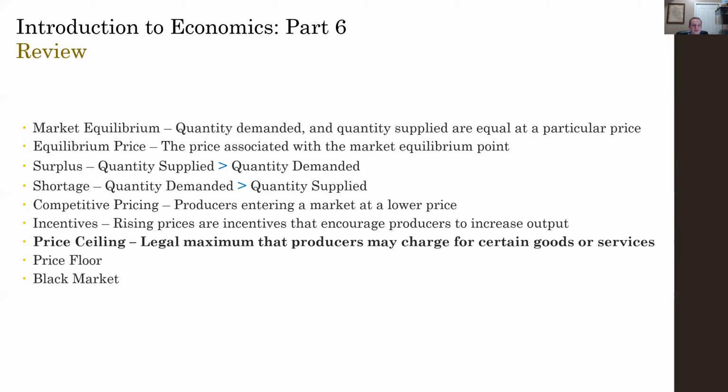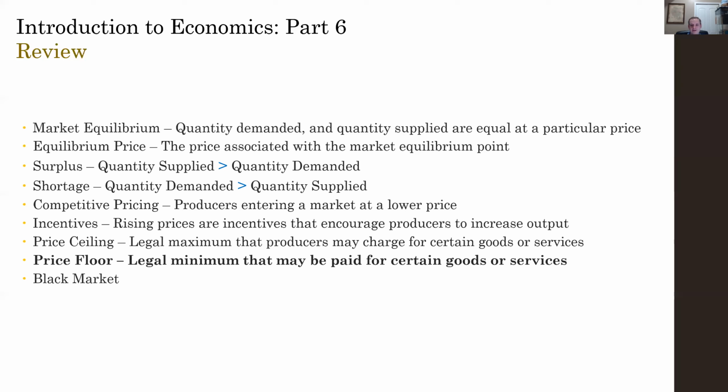To circle back around to what we learned about shortages and surpluses, markets are generally going to be unable to adjust for a shortage if there is a price ceiling, because a price ceiling by its nature is there to prevent markets from achieving that equilibrium price point.